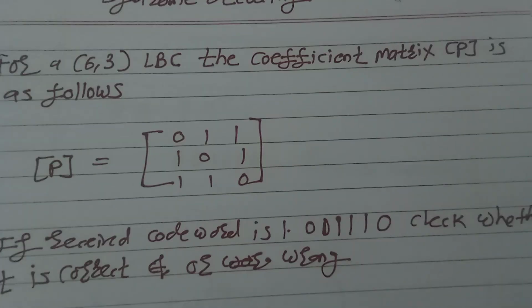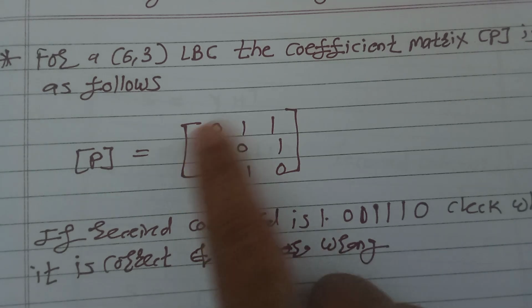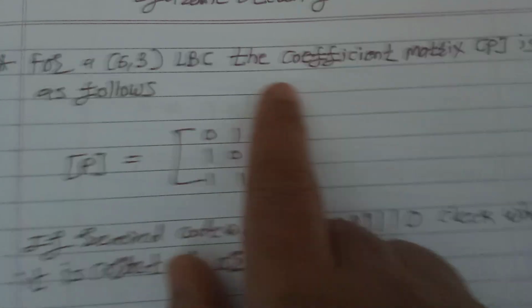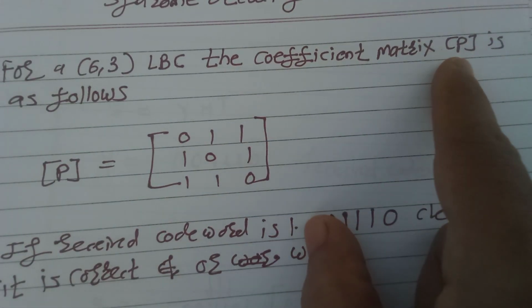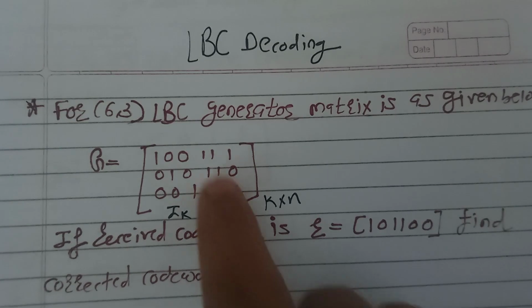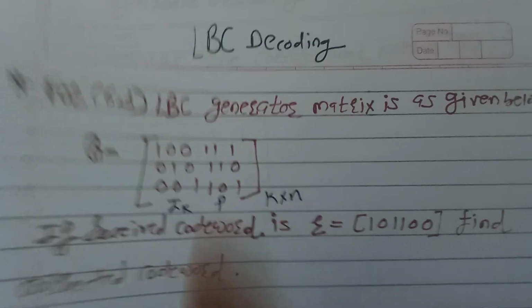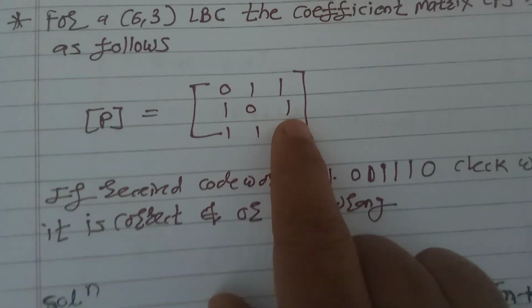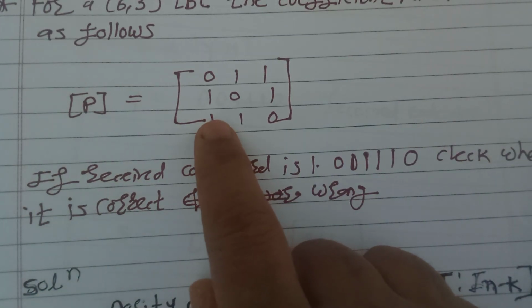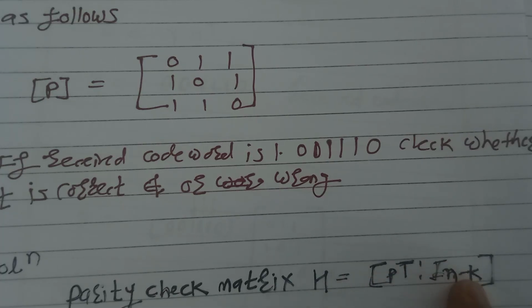So this is the third example for the practice. In this example they have given you the parity coefficient matrix. That is not a parity check matrix; you have to see that it is the coefficient matrix P. If they have given you P, don't go for the generator matrix, directly find the H matrix. H matrix is [P^T I_(n-k)].